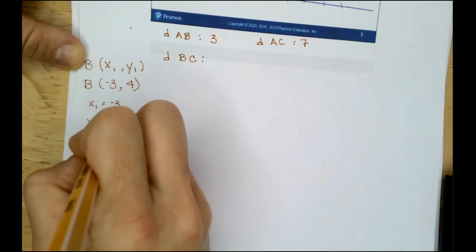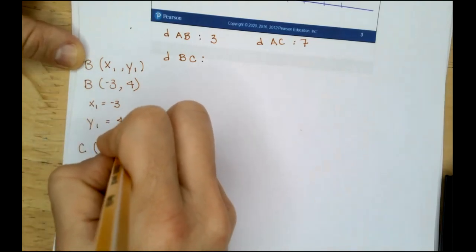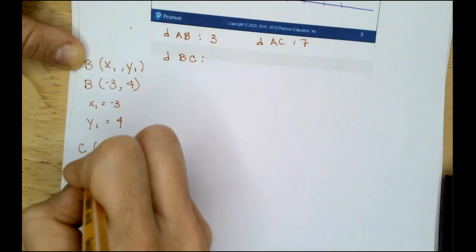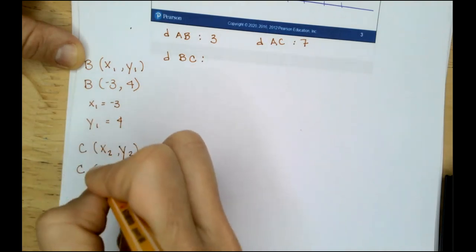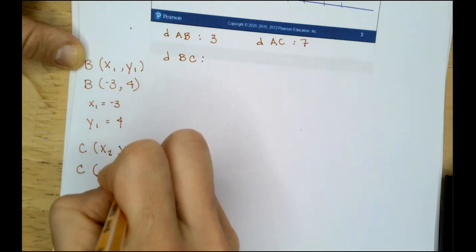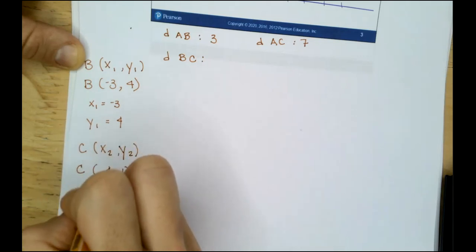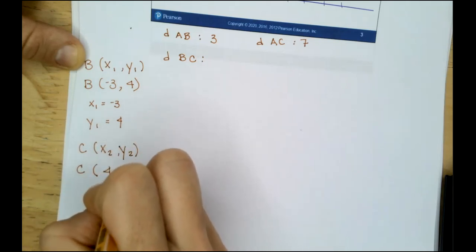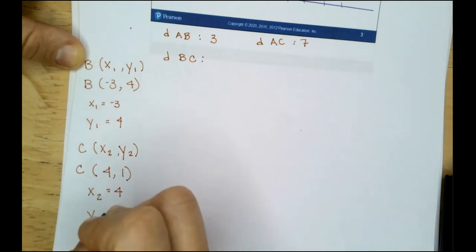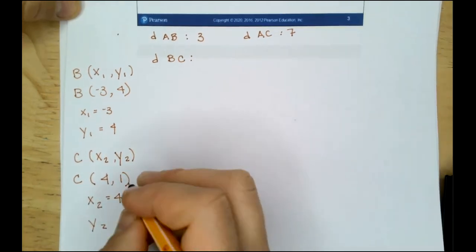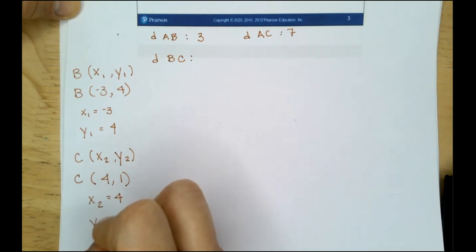C is going to be x2, y2. C is 4, 1. x2 is 4, y2 is 1.